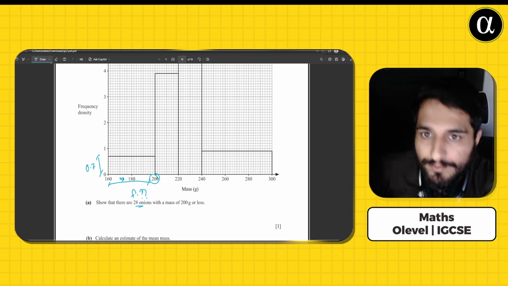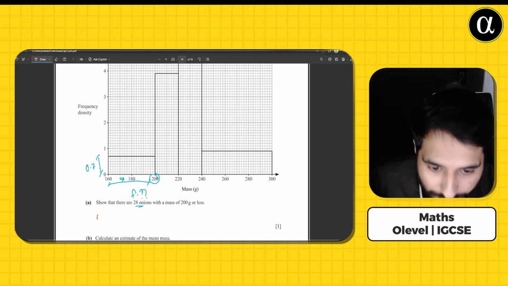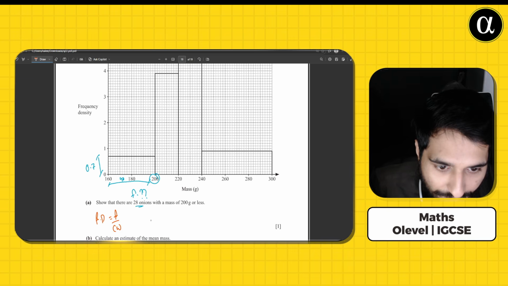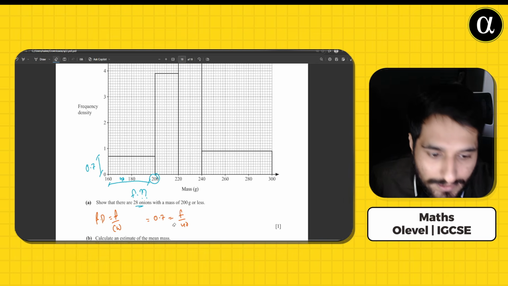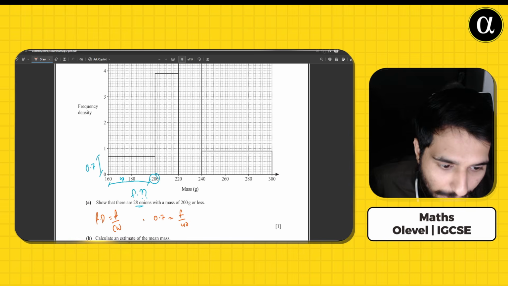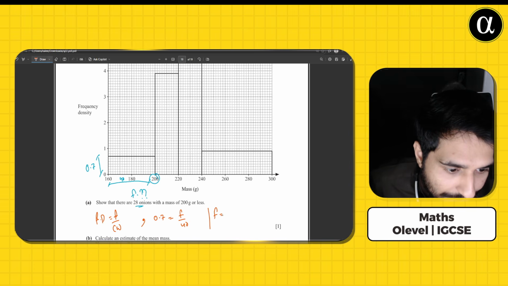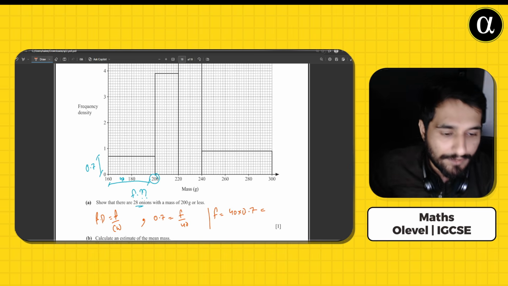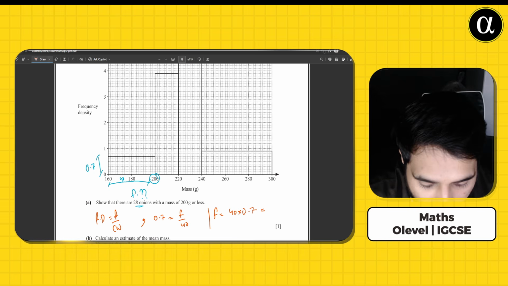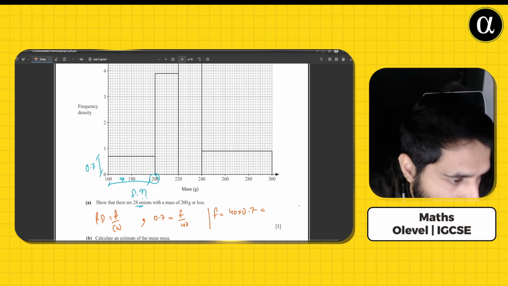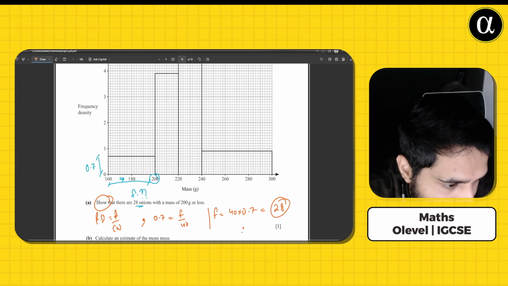We are going to say that frequency density is equal to frequency over class width, where frequency density is 0.7, equals frequency over 40, and we can say that f is equal to 40 into 0.7. That should give us 28, I believe. 40 into 0.7, that is 28. So 28, we would say, hence shown.